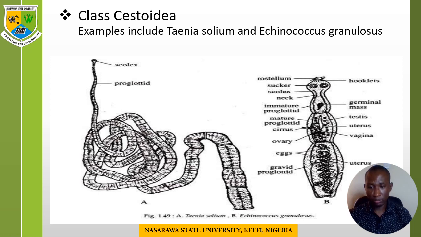Also we can see Echinococcus granulosus, with well-labeled structures: the hooklet, the rostellum, the sucker, the scolex, the neck, the immature proglottid, and then the mature proglottid, all located around the body of the organism.